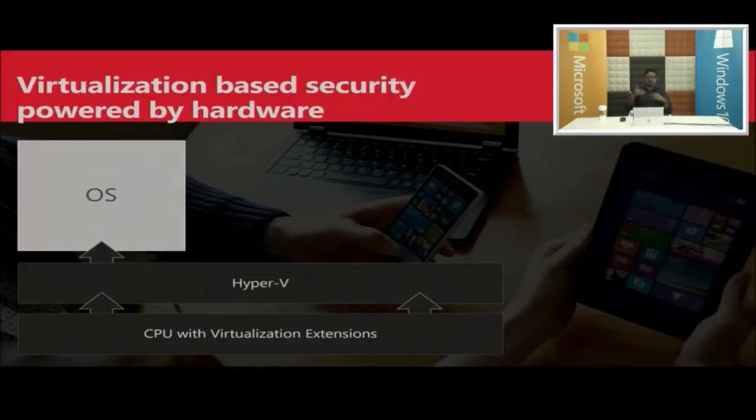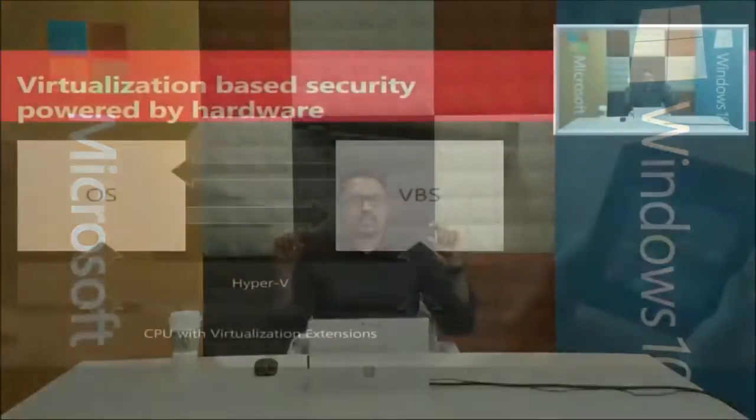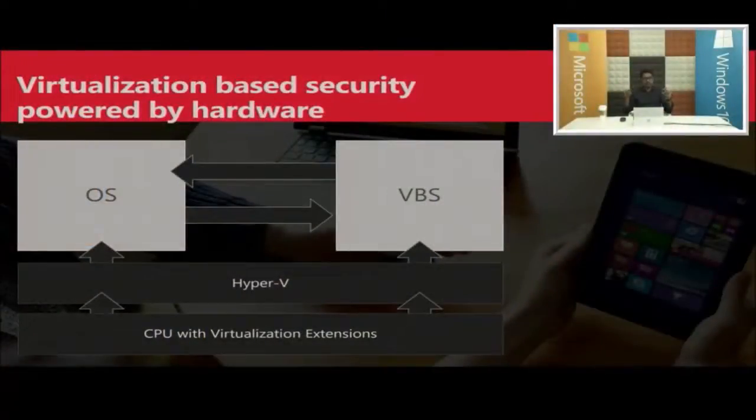So if you start to take the next level of thought and ask, how does this help? Hyper-V creates a layer right after the CPU, and then says the operating system is one Hyper-V that is running, and VBS is another. So what happens then?